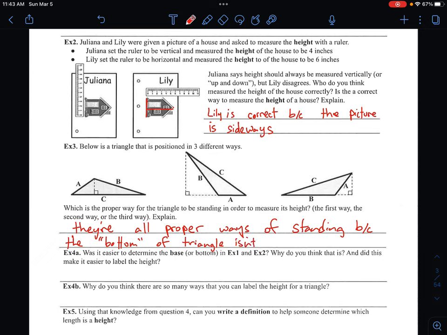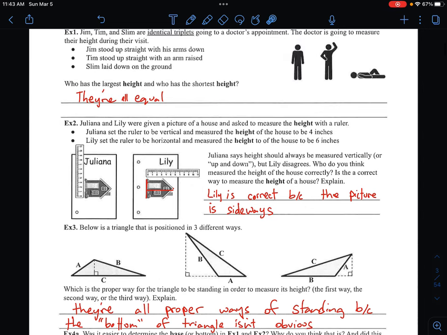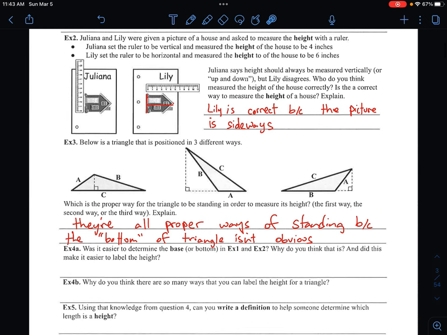The bottom of the triangle isn't defined. It isn't obvious. We know what the bottom of a person is. We know what the bottom of a house is. We don't really know what the bottom of a triangle is. The bottom of a triangle is just kind of whichever side is on the bottom, right?